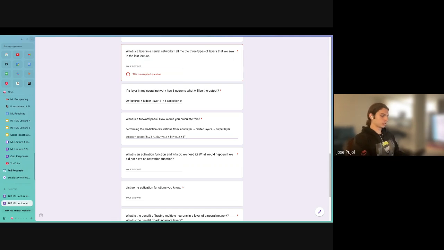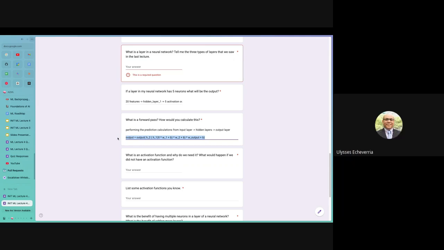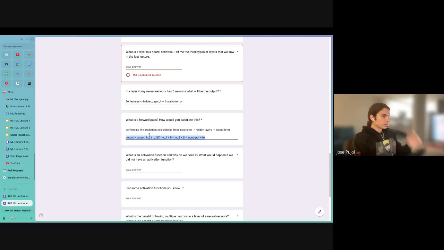It's the same nested thing: weight times output plus B, right? This is just representing the activations of the previous layer becoming the inputs of the next layer. Does this make sense? Thumbs up. Okay.